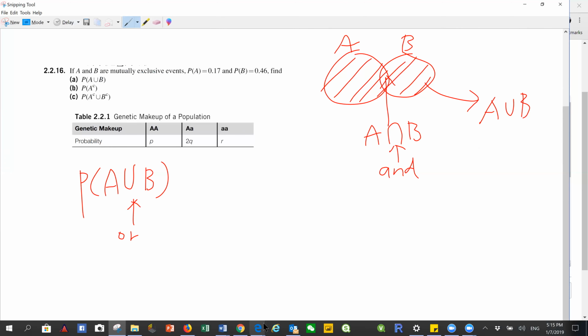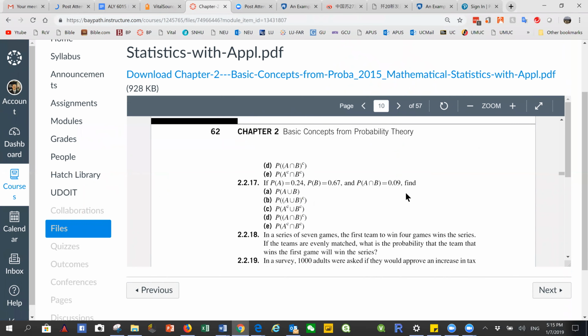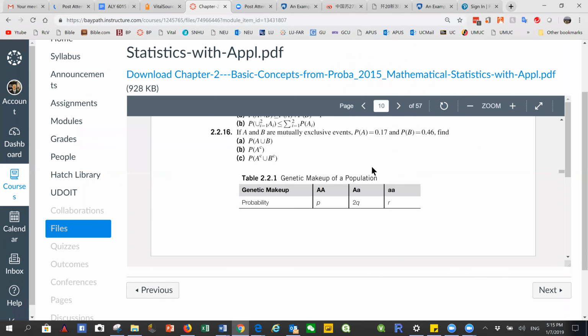You have to read the question. Let me see what the question is here. Oh, okay. It doesn't have to do with the table, so you just ignore the table. They are mutually exclusive events, so that answers the question.